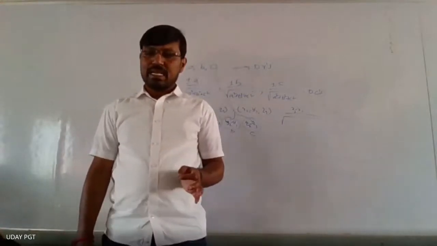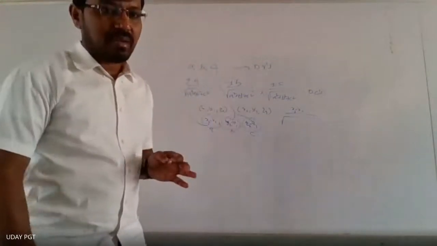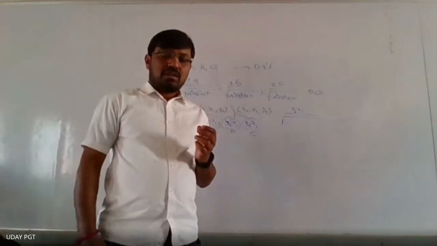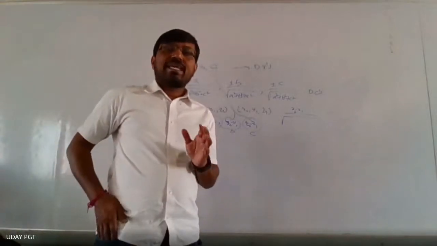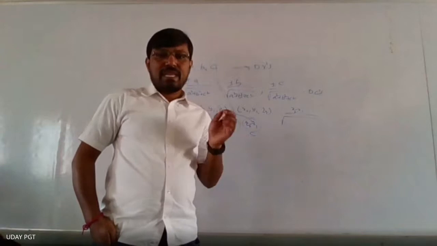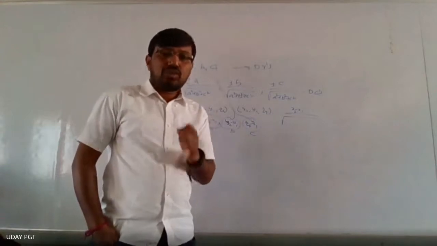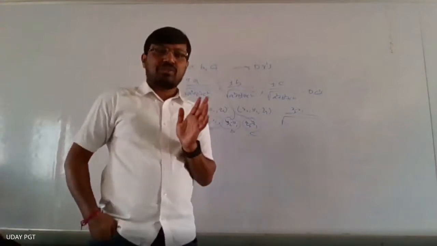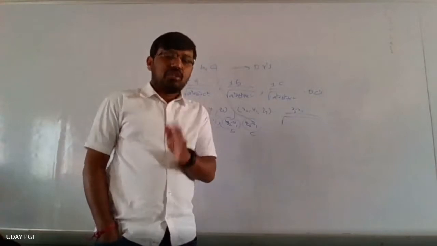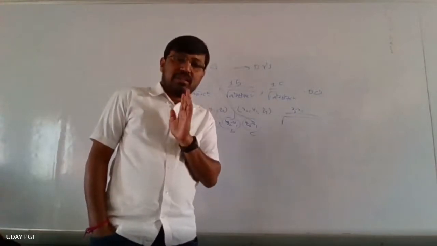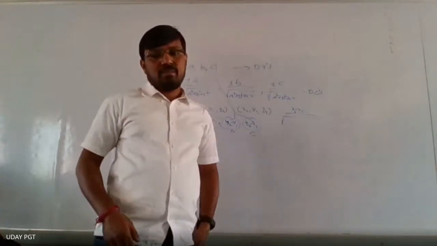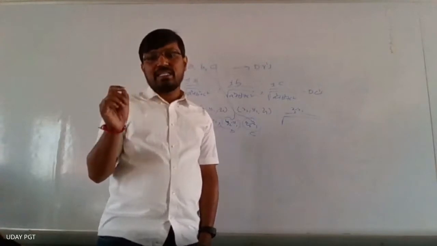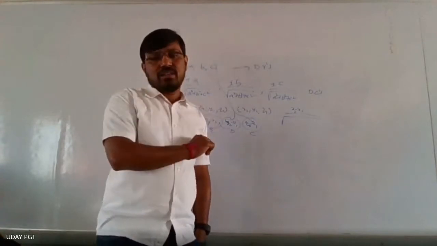Simple task is that direction ratios are nothing but numbers which are proportional to the direction cosines. So A, B, C usually we denote the direction ratios, and L, M, N we denote the direction cosines. L square plus M square plus N square is equal to 1.